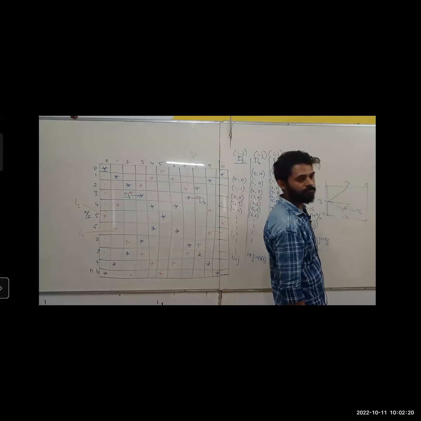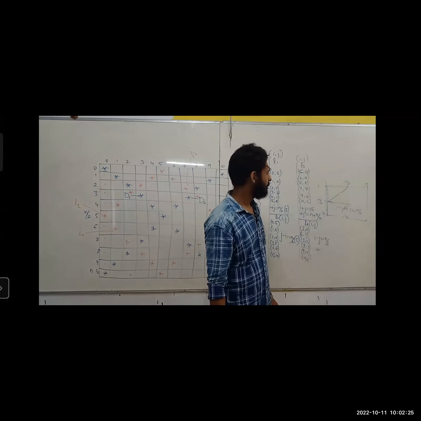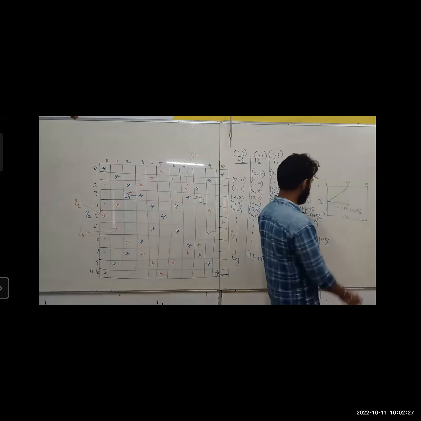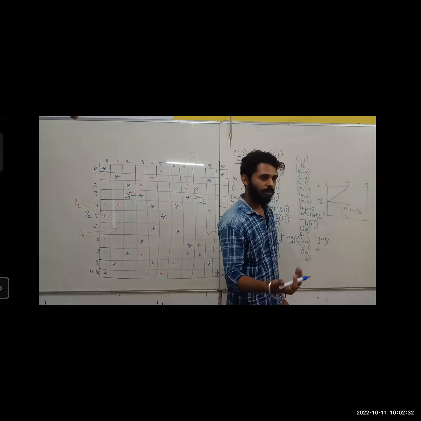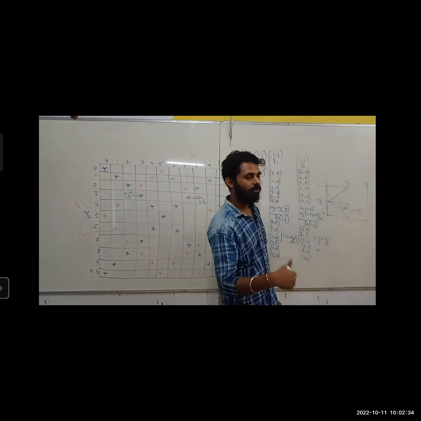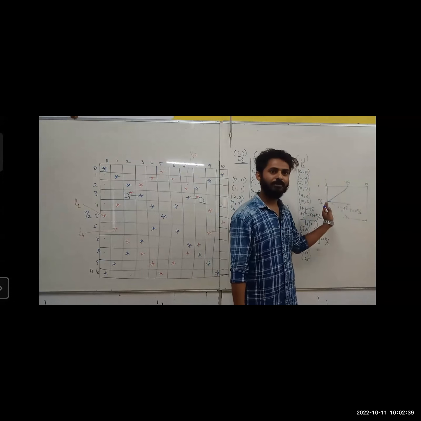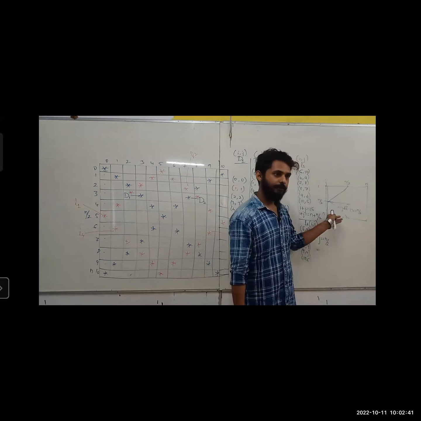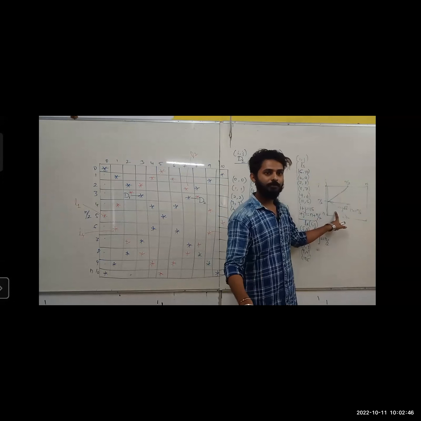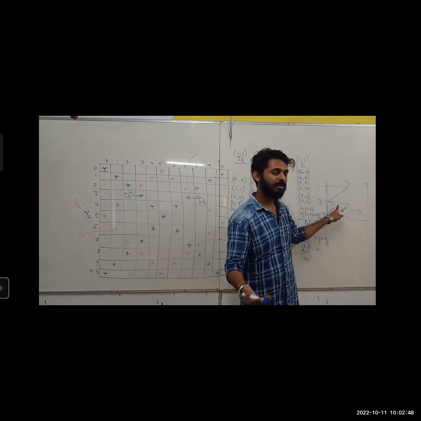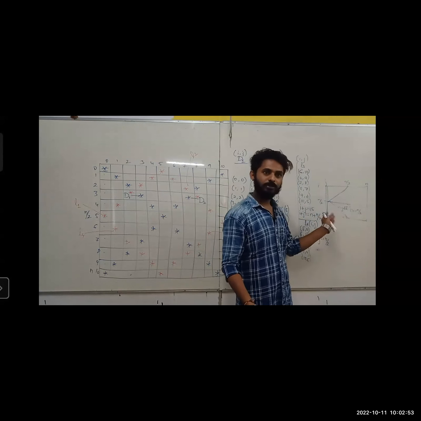Done, we'll get this one. Or otherwise, you can also say j less than or equal to n by 2. Anyways I and j values are same. If you want this line printed, the i and j values should be same. So i greater than or equal to n by 2 is also same, or j less than or equal to n by 2 is also same.